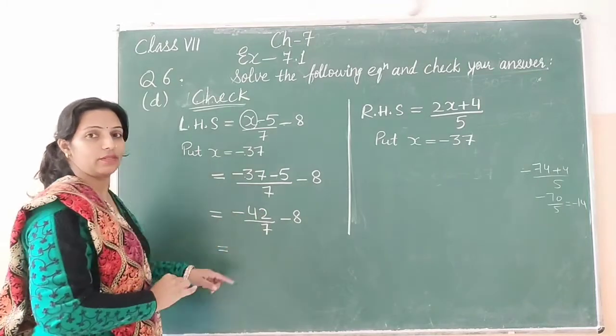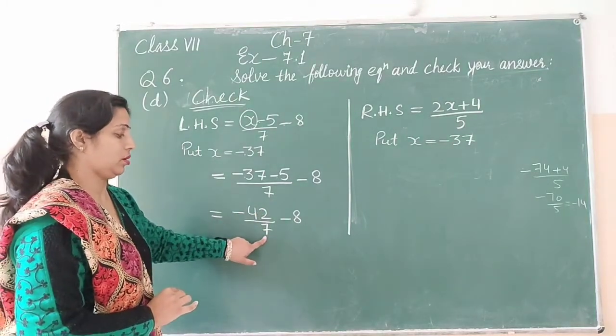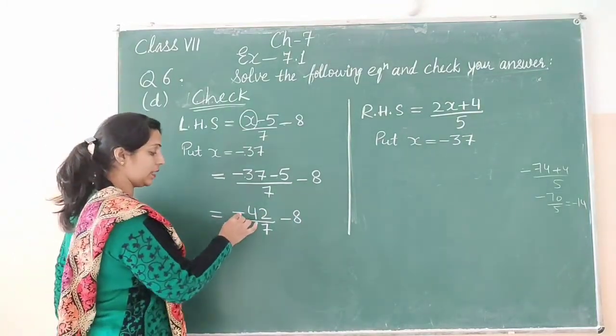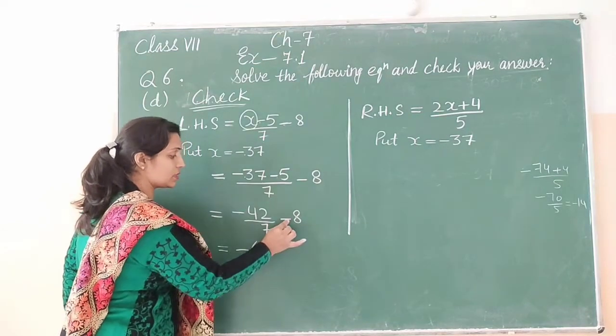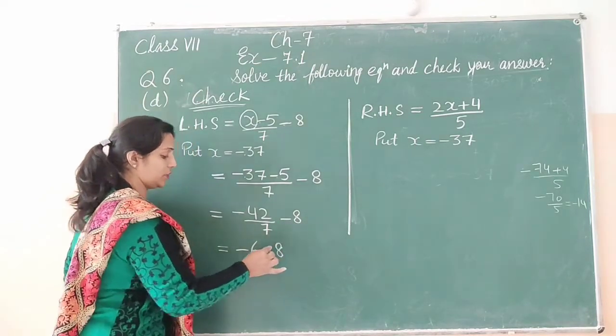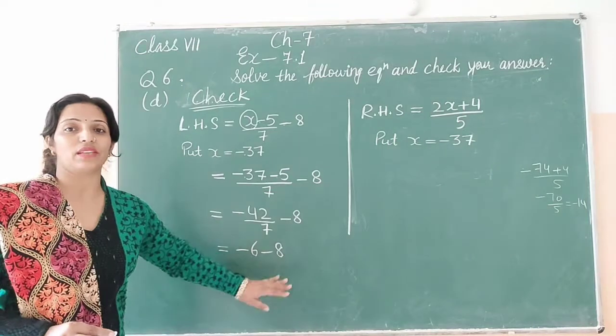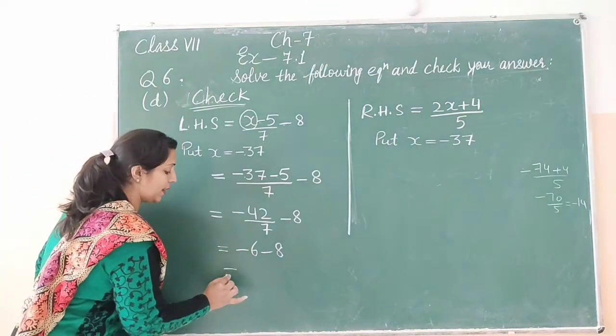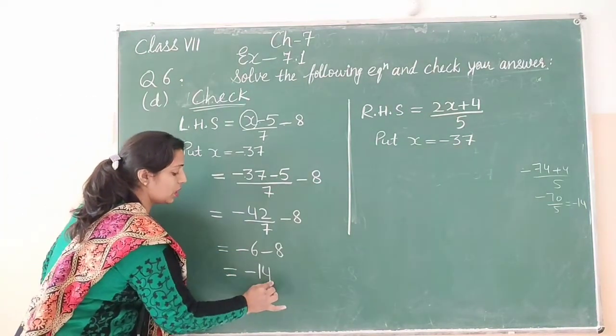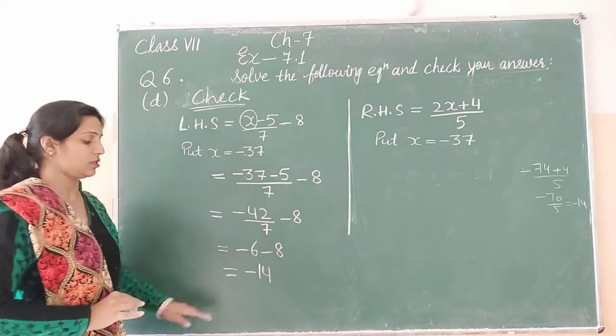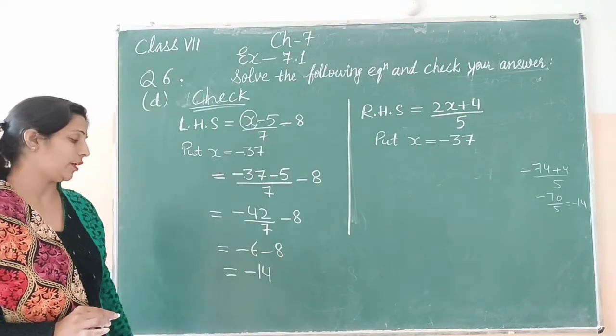Now when we divide 42 by 7, it will be 6 and sign as it is. Negative 6 and next term is negative 8. Both are having same sign. So added and same sign will be in the answer. So negative 6, negative 8, negative 14.